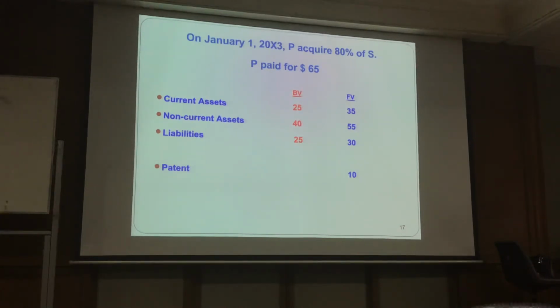Identifiable assets. Current asset, how much do you get? 35 at fair value. Non-current, 55 at fair value. What else did you get? A patent at 10. So you got three kinds of asset: 35, 55, and 10. Liability, you got at what amount? 30. So in the next page, what do you get?